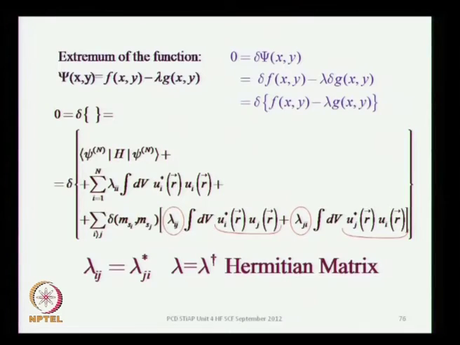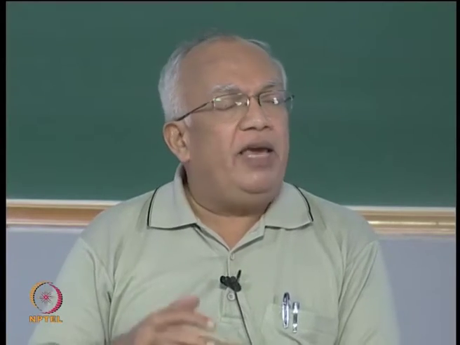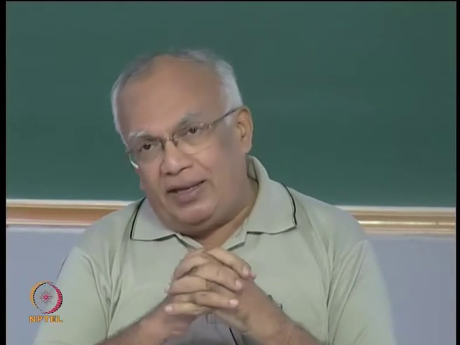But you can anticipate further simplification already. Okay. So, now let us make a certain approximation that you are going to vary one orbital at a time. Each orbital can be changed, but our method will make use of one orbital at a time. Now, this is obviously an approximation.